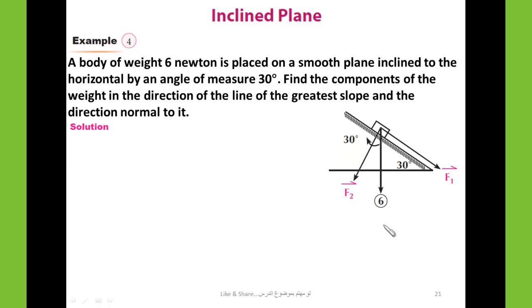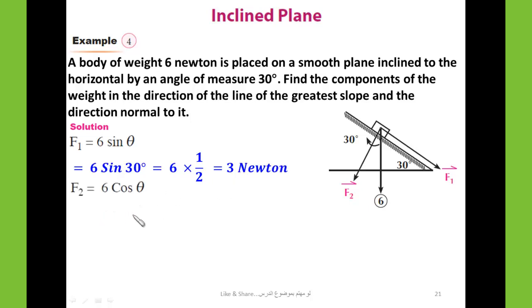Now we can resolve this force. We will find that F2 equals 6 cosine 30 and F1 equals 6 sine 30. F1 equals 6 sine 30, which equals 3 Newton, and F2 equals 6 cosine theta, and theta equals 30.